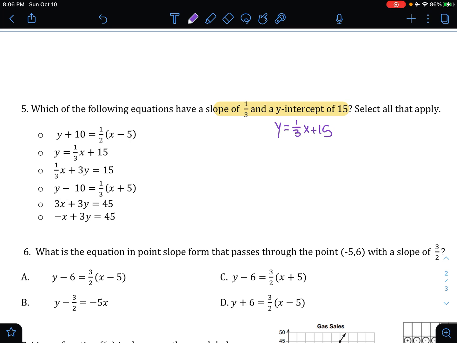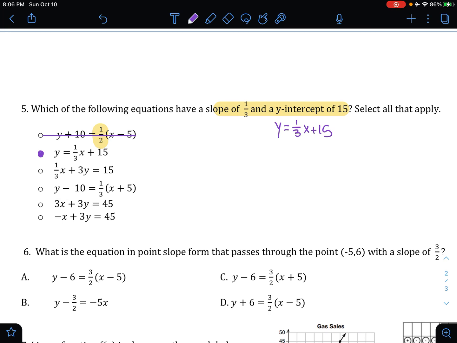Now what we need to do is to determine which functions are similar to it. Well, if we look at the first answer choice, notice right here it has a slope of 1/2. Our slope is 1/3, so that doesn't work. And we know that because it was in point slope form. The next answer choice, y equals 1/3 x plus 15, works out, so we select that one.